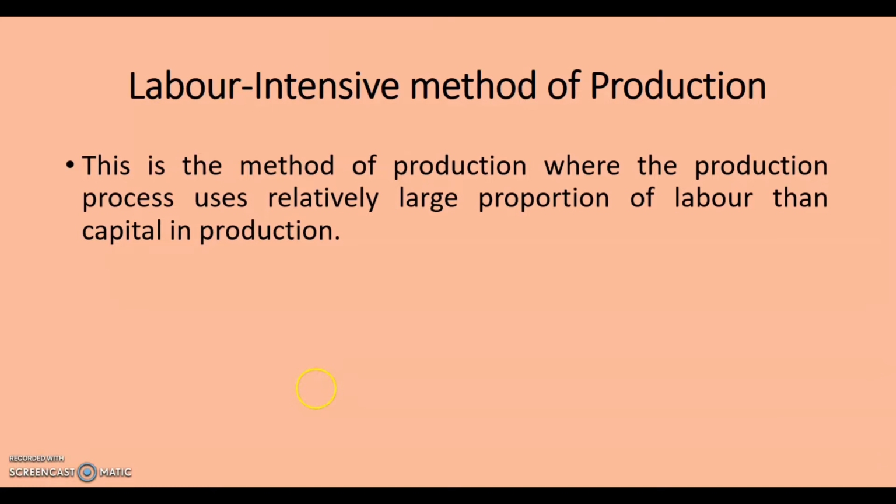It is simply a method of production where the production process uses a relatively large proportion of labor than capital. In other words, this is where we use labor, or manpower, to produce goods and services to satisfy human wants.